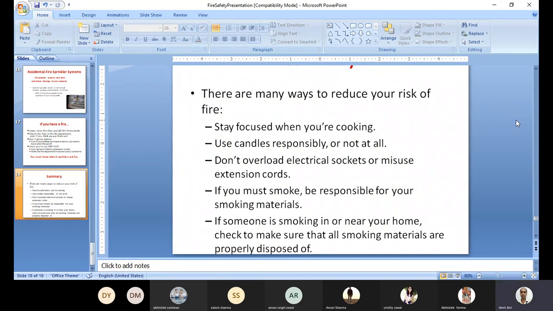And not only for yourself, but also for another person: if anyone else is smoking, make sure all the smoking material, the cigarette butts, is properly disposed of and not smoldering. Always keep an eye on that. Okay, so that will be sufficient regarding this.